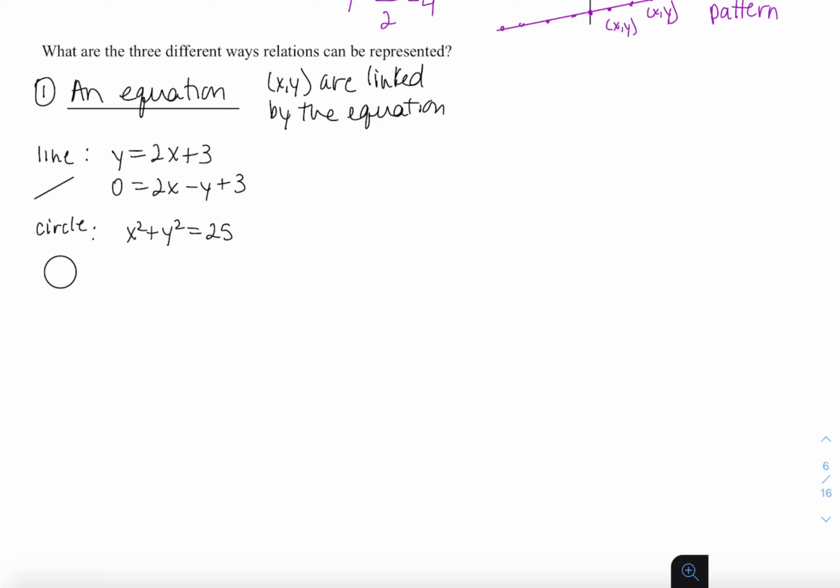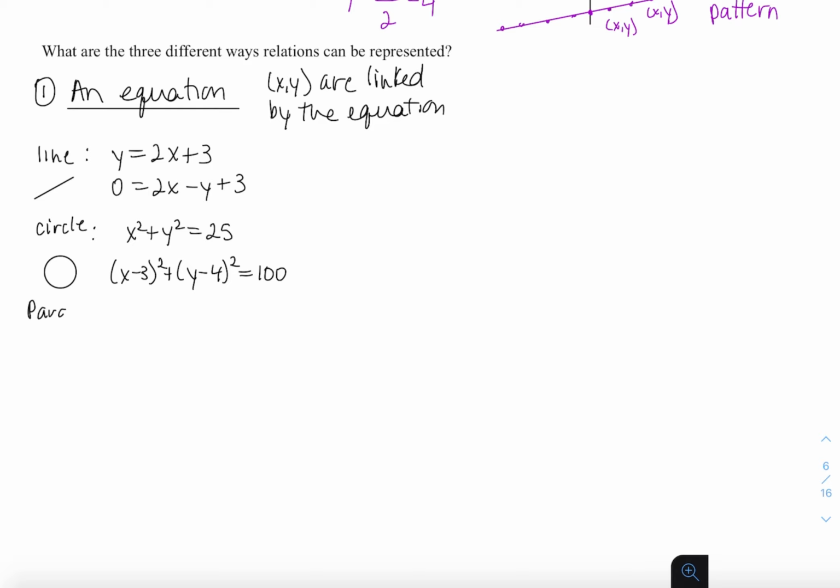So the graph of the circle describes all the xy values are related by x squared plus y squared equals 25. We could also have one that's off center. So the first one's centered at the origin with a radius of 5. The second one is centered at 3, 4 with a radius of 10.